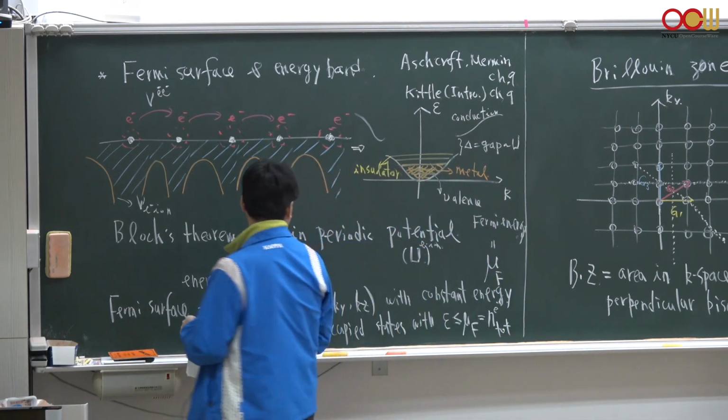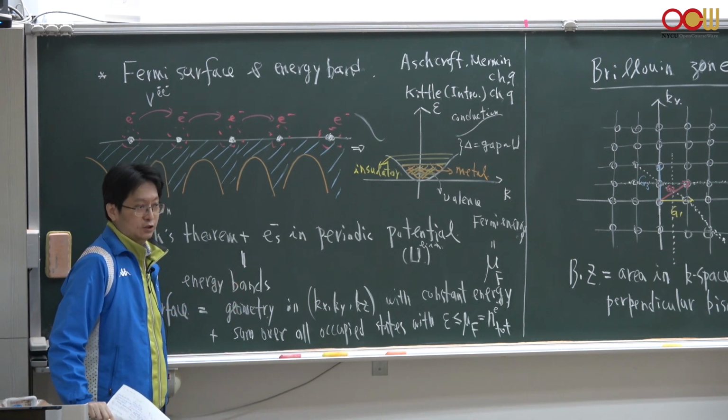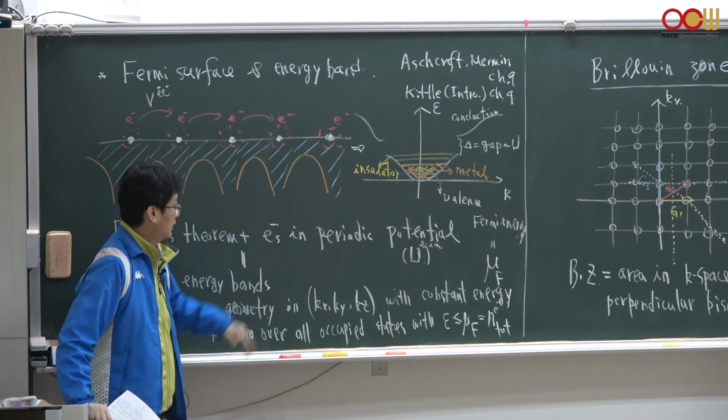And that Fermi energy corresponds to the total electron numbers that are occupied, the available states below that energy.